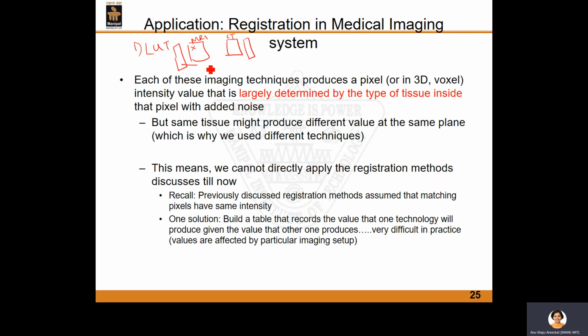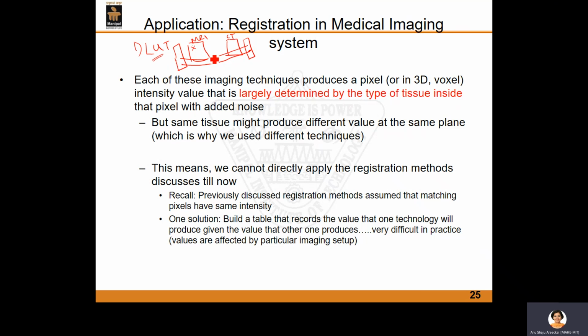If this is the pixel intensity, the corresponding pixel intensity is here; if this is the one, the corresponding one is here, and so on. Such a lookup table could be used for mapping pixels to pixels, but it has its own limitations. It does not really give us the best results we are looking for when using a lookup table.